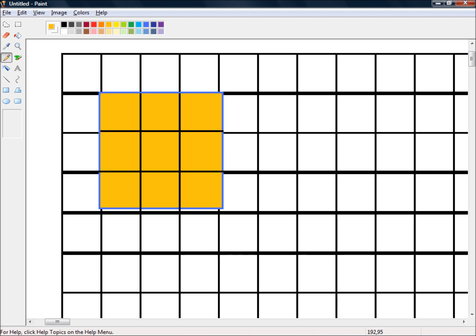Okay, so I've drawn myself a square on a grid, and we can see that the square is 3 units across by 3 units up. So we would expect the area of the square to be 9 square units. Well, this is 1 square unit.